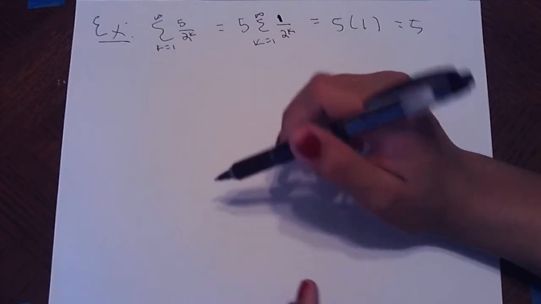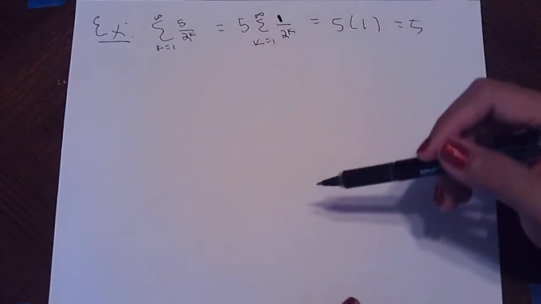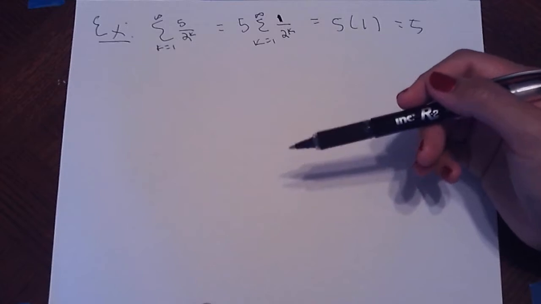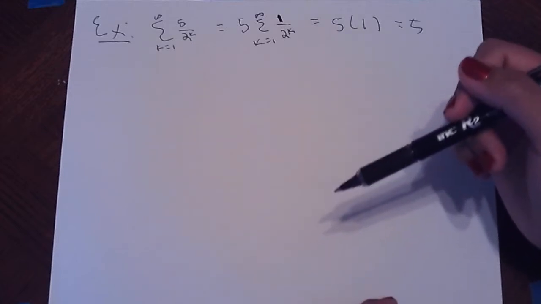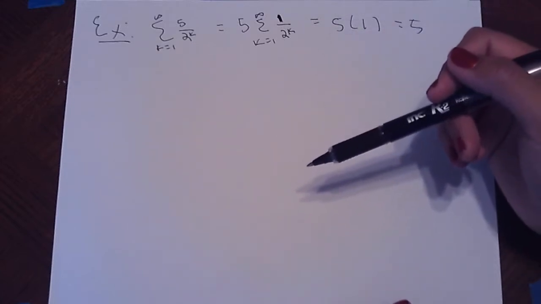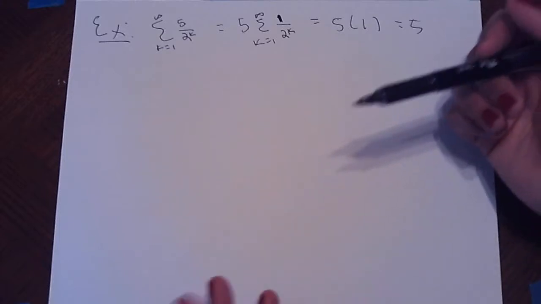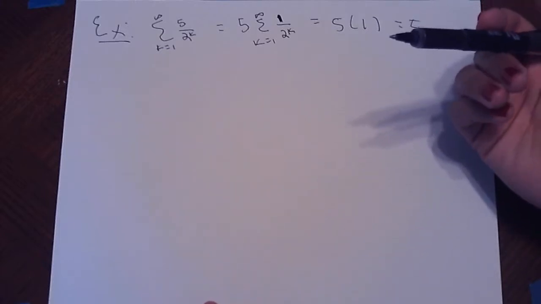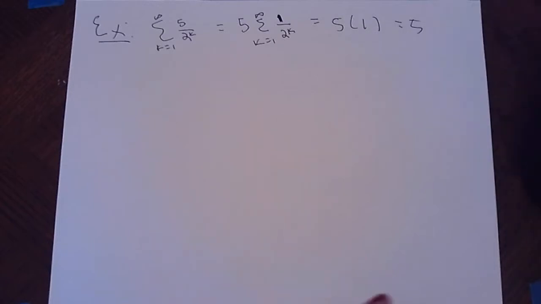Why go through all of this trouble and work to figure out what something adds up to if, in the end, your cancellations mess up and this actually blows up or doesn't go anywhere? Is there a shortcut for how we can figure out whether or not we converge or diverge, so that we don't have to do all of this? Well, there's a number of shortcuts. There's a number of tests for figuring out whether you converge or diverge.